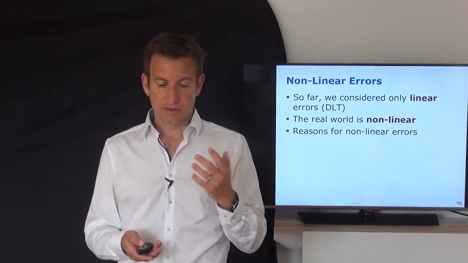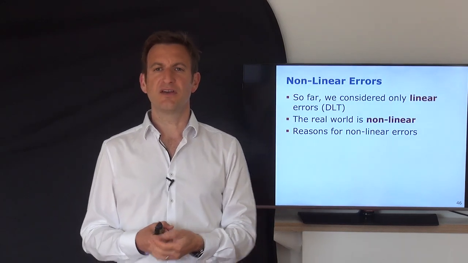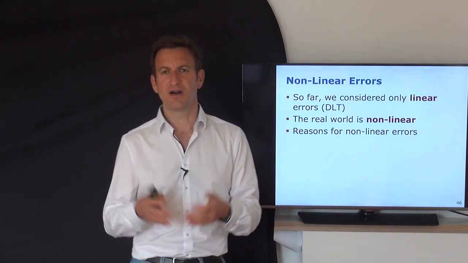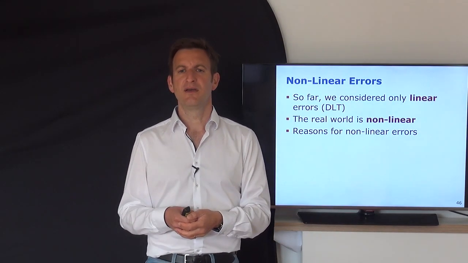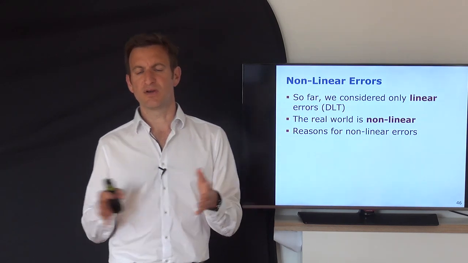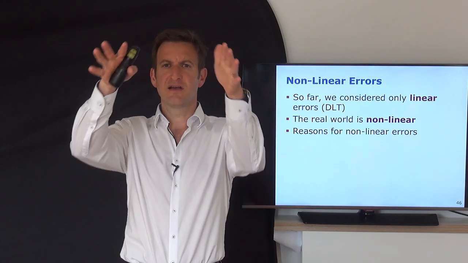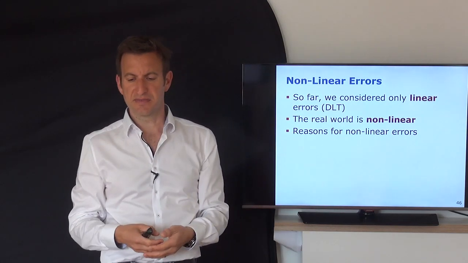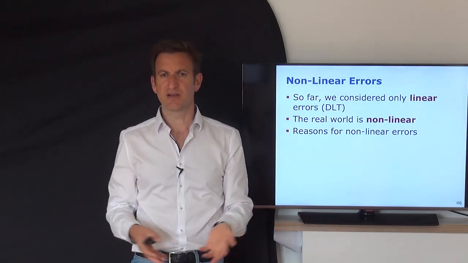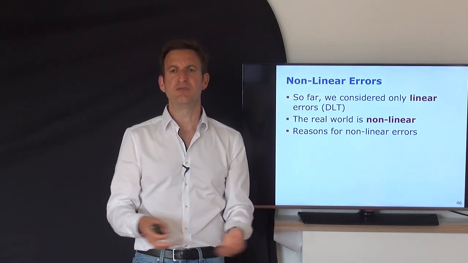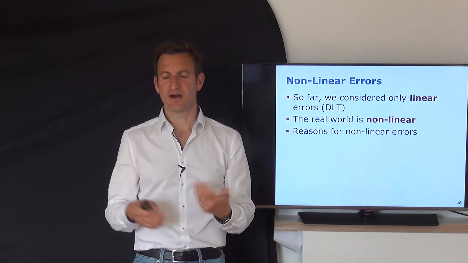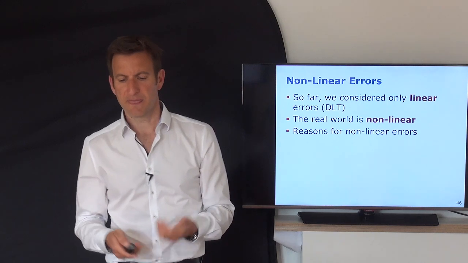So there are several reasons for those nonlinear errors. Very popular ones are lens distortions, for example. If you go to a very wide angle lens, you can see a barrel distortion, so that even straight lines look like a barrel. And these are things that you want to get rid of if you want to estimate the geometric properties of your environment based on a camera.